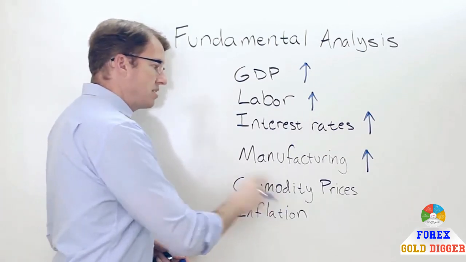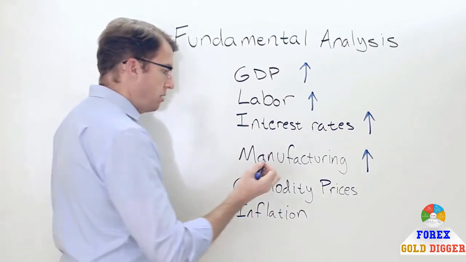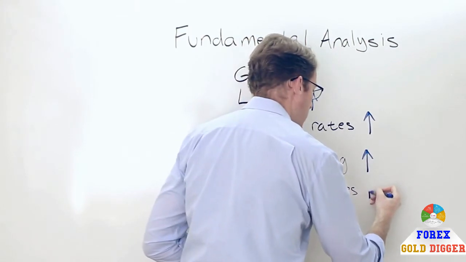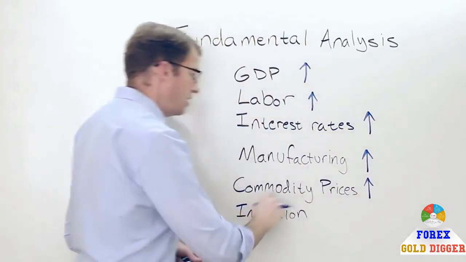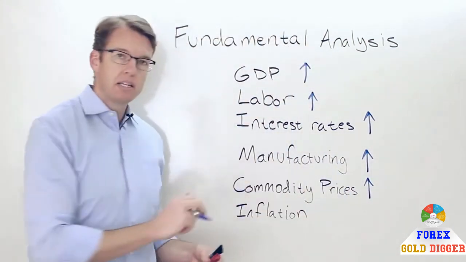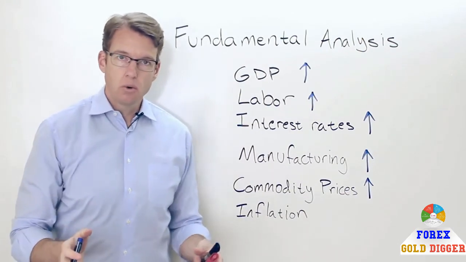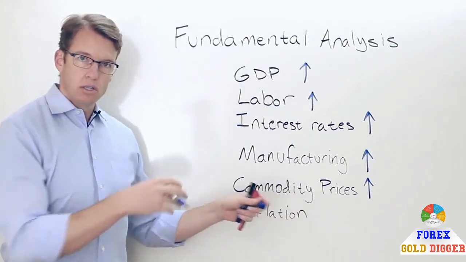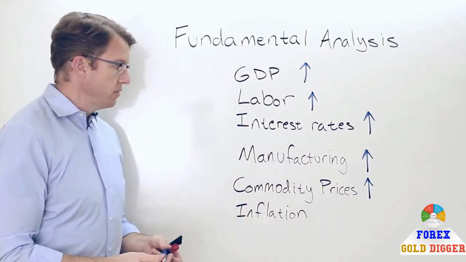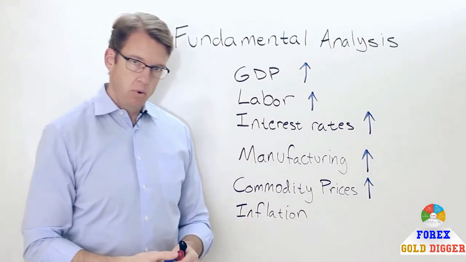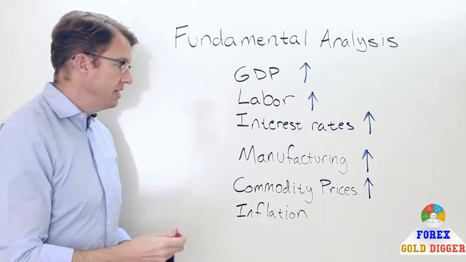Now, commodity prices can be a little mixed. If you're a commodity exporting economy, then we would expect that the relationship with commodity prices should be positively correlated with your currency's value. However, if you're a commodity importer, then this could actually have a negative impact.